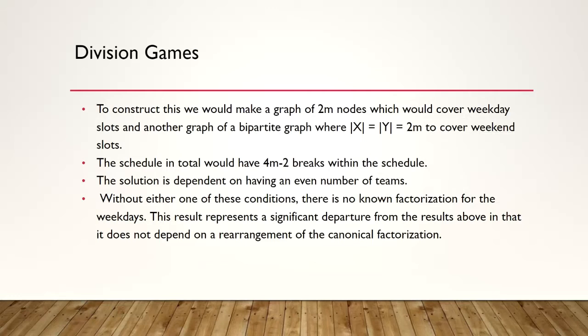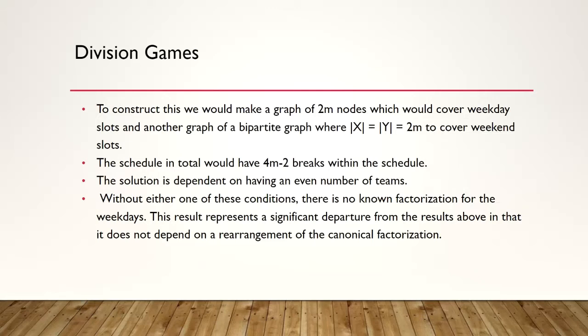So to construct this, we would make a graph of 2M nodes, which would cover weekday slots, and another graph, a bipartite graph where X equals Y equals 2M, to cover the weekend slots. The schedule in total will have 4M minus 2 breaks within the schedule.